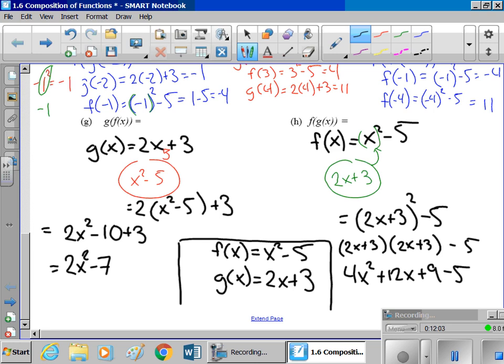Combine the like terms to get our final answer of 4x squared plus 12x plus 4. Cool beans. I love this stuff. So take a minute, write down what you need to, rewind and watch it again if you need to, and then you can meet me at exercise 2.